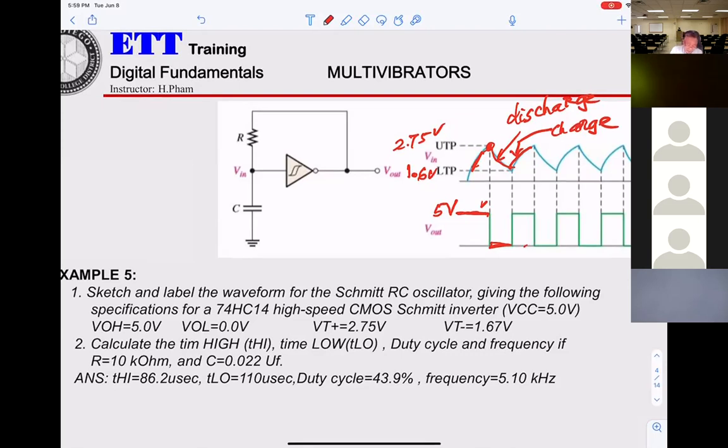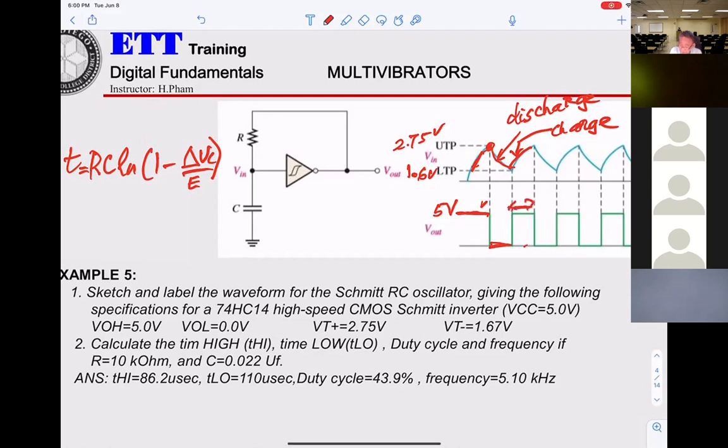If they give you R equal 10K, C equal 0.022 microfarad, then basically there is only one formula, which will be easy: T equals RC log 1 minus delta VC over E.